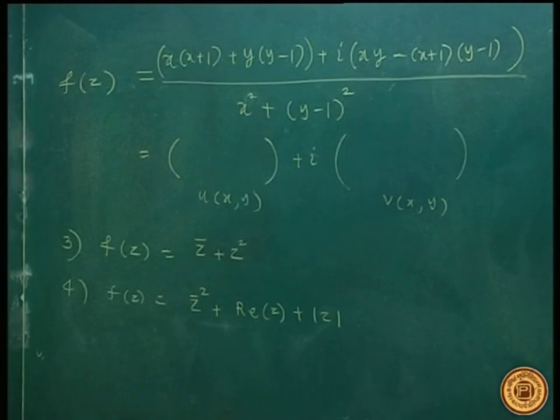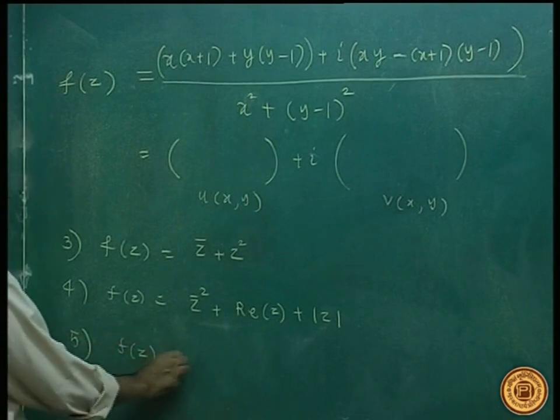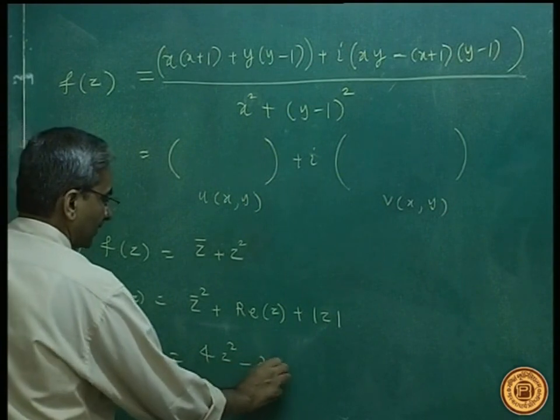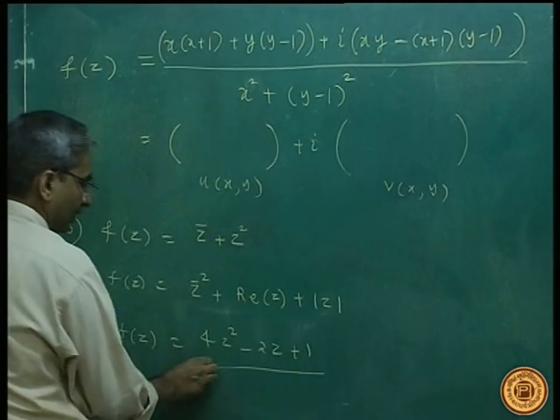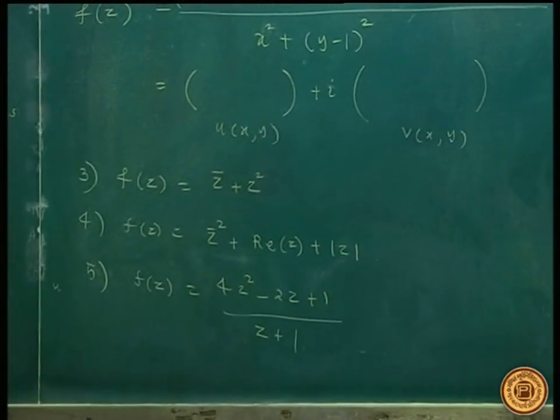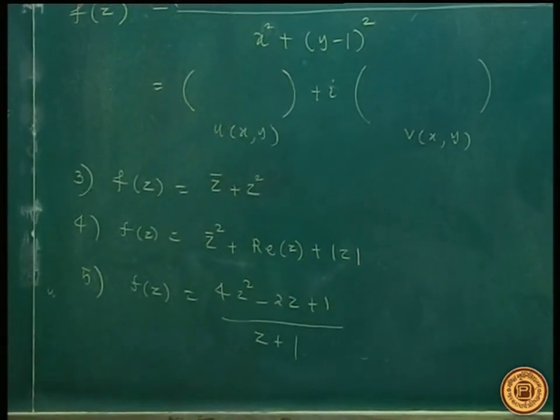So find real and imaginary parts. Let me give one more: (4z square minus 2z plus 1) divided by (z plus 1). So find real and imaginary parts.